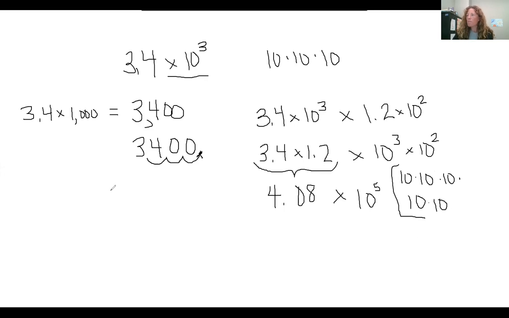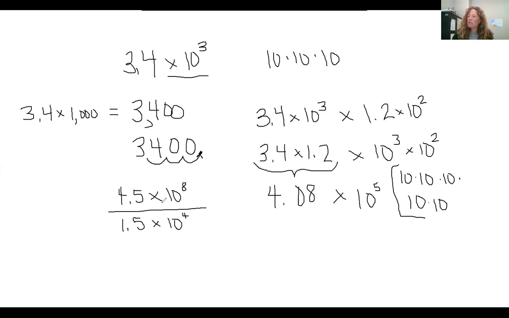For division, let's do 4.5 times 10 to the 8th divided by, let's give this a number that'll work nicely, 1.5 times 10 to the 4th. Okay, we have a number like this.